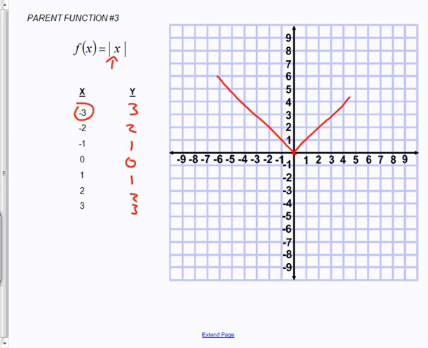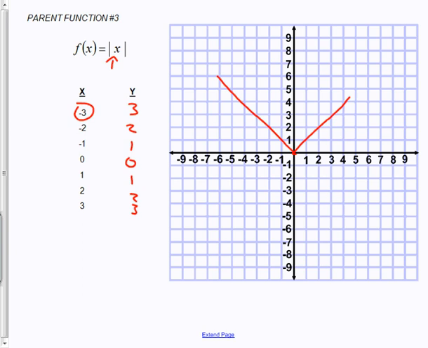Now, why do we call them parent functions? That sort of implies that they have children. No, we're not even going to talk about that. How do the parent functions have children? Well, they just have other functions that look a lot like them. Would you agree that you sort of have some traits that your parents have? I know you may not even like to think about that, but it's true.